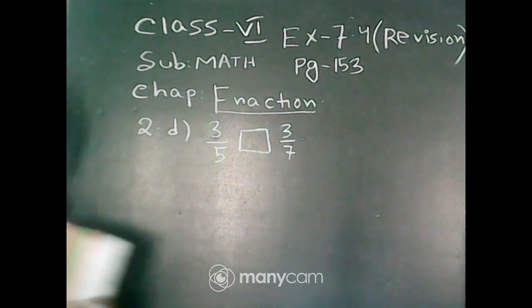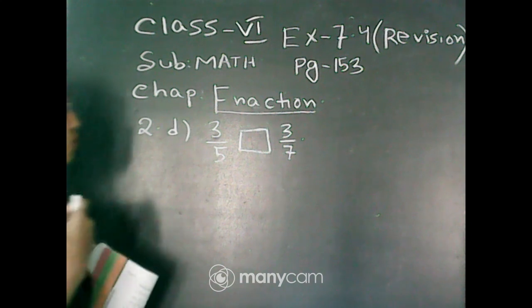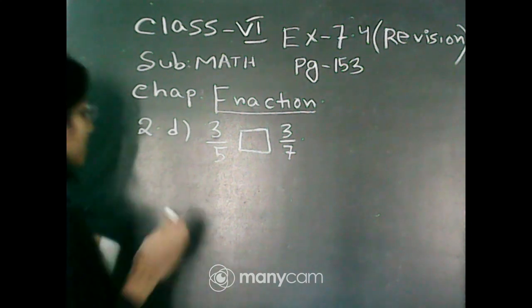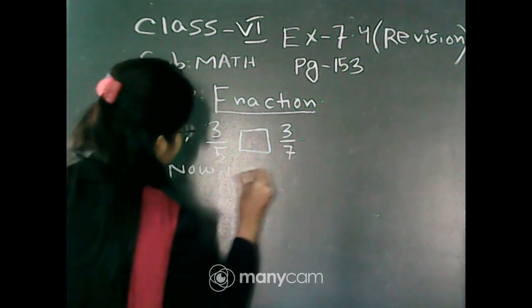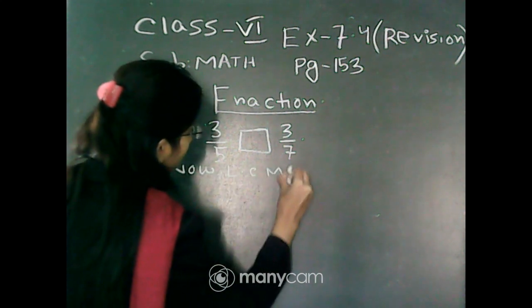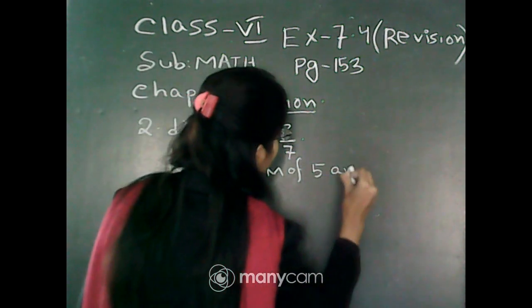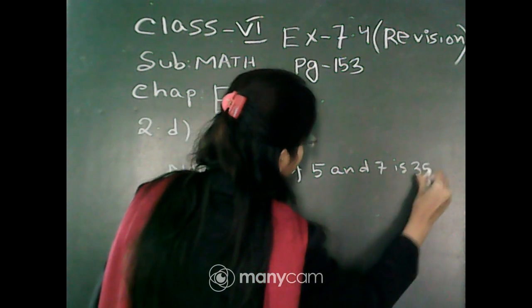We should first get their equivalent fractions with a common denominator, and the common denominator is given by the LCM of 5 and 7. Now, LCM of 5 and 7 is 35.